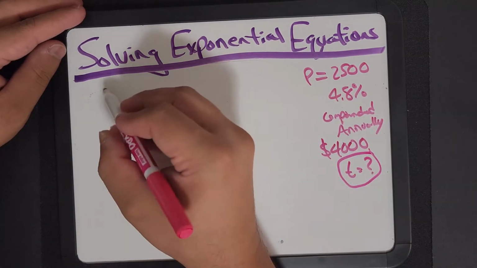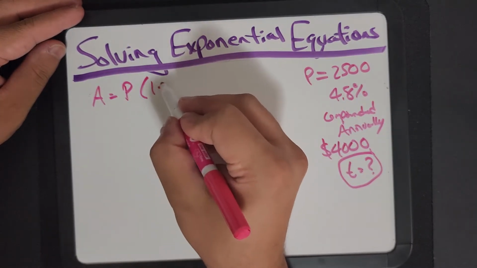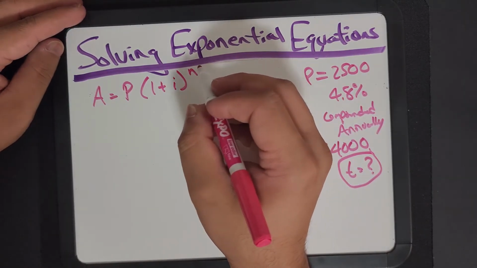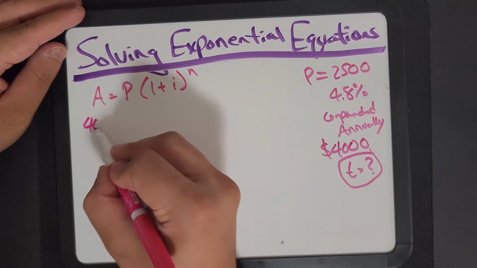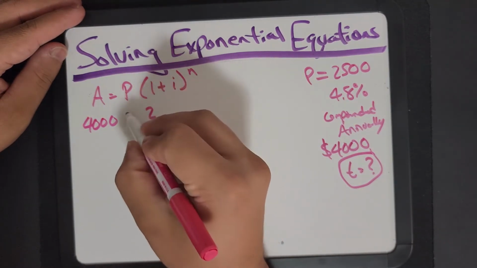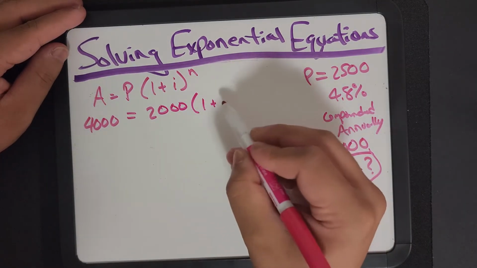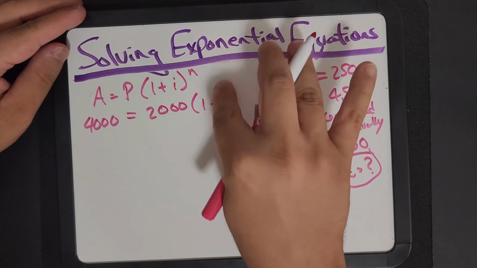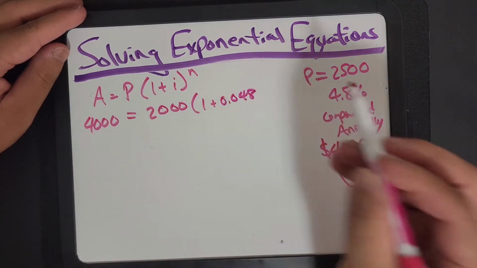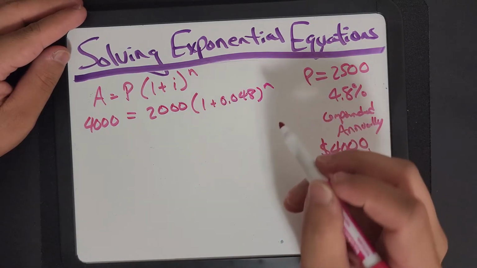So let's put that into our formula. A equals principal times 1 plus interest to the power of n. We know that we want 4,000, and we start with 2,000. 4.8 is actually 0.048 to the power of n.